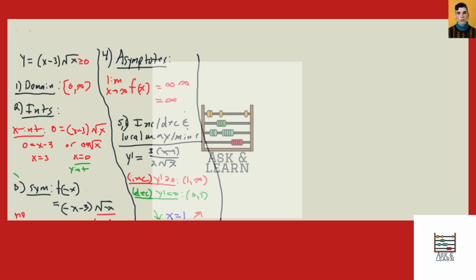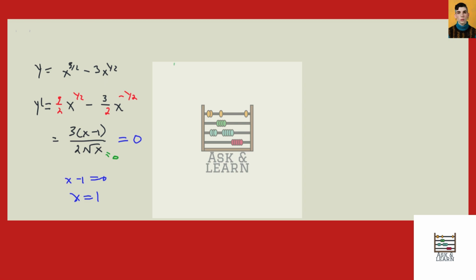The next thing they suggest that we do is to look for concavity and any points of inflection we might have. So that means we need to look for y double prime. y double prime is going to be equal to, now I'm going to go ahead and take the derivative of this because it's just power rule as opposed to when I used algebra to simplify it.